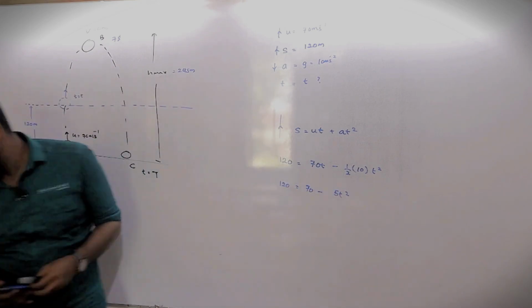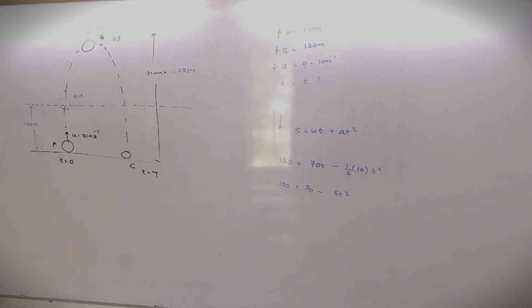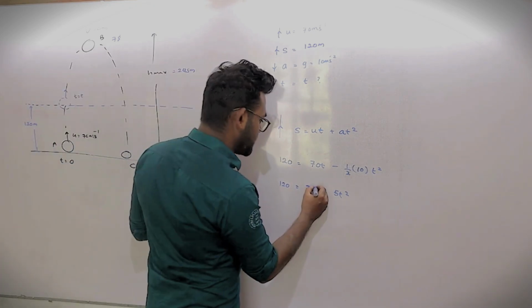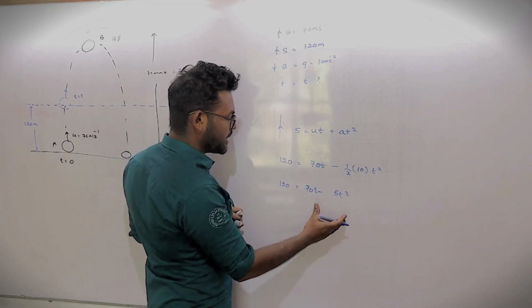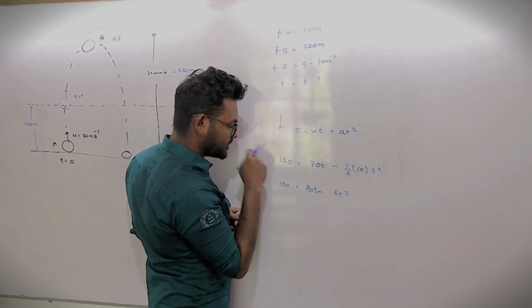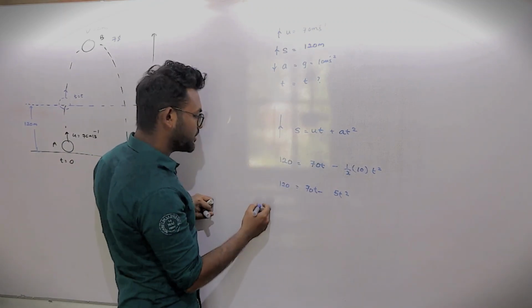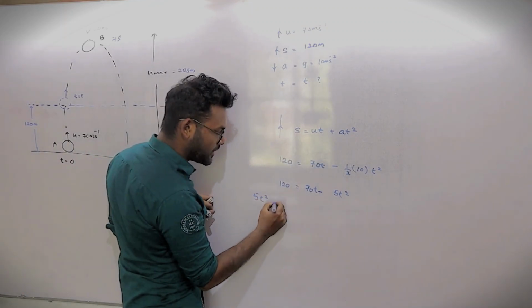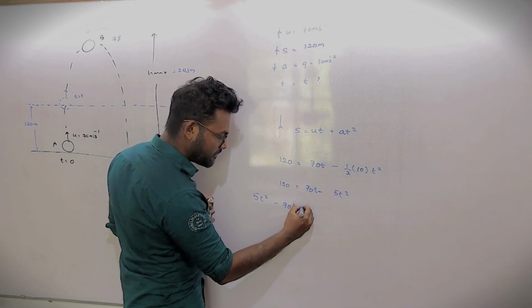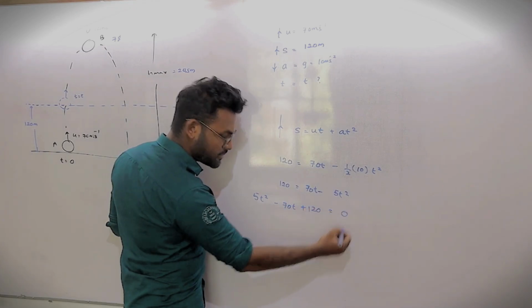Oh, like this. Then here you can't just have the other side to be 0. Instead, we need to take all things to one side. That's 5t squared minus 70t plus 120 has to be equal to 0.